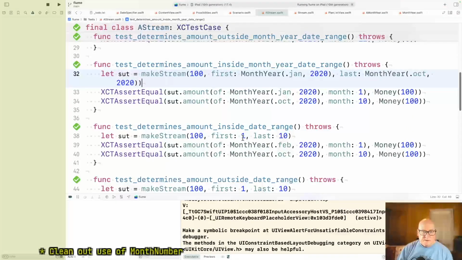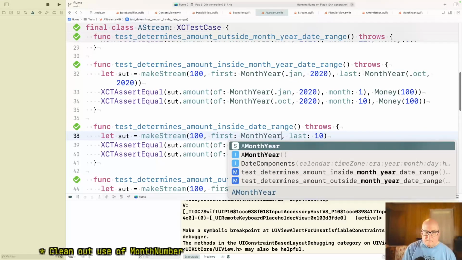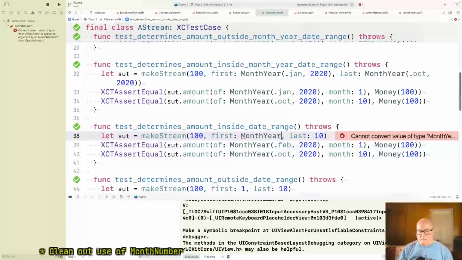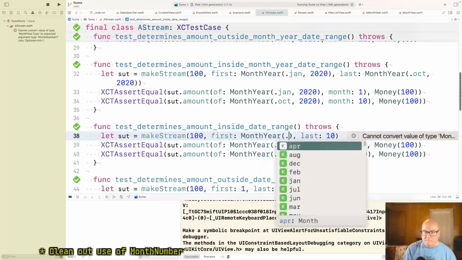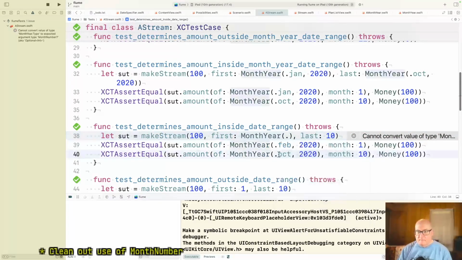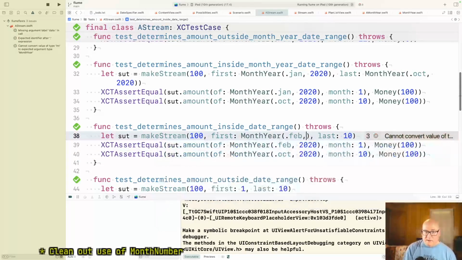Okay, so let's make this. Okay, so now we're going to use the second argument.